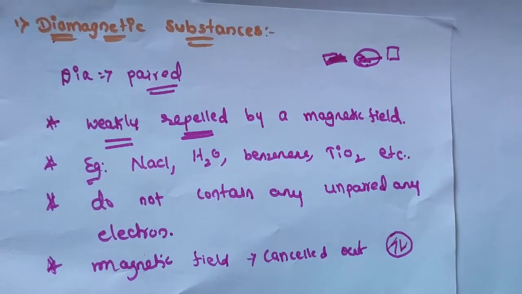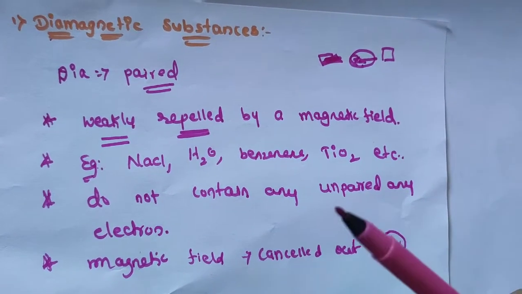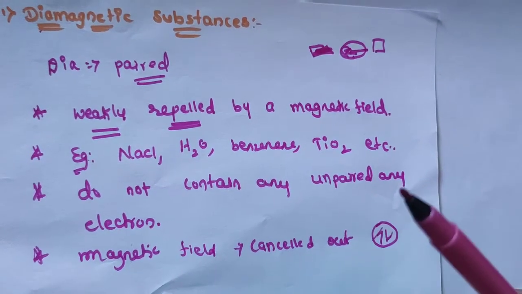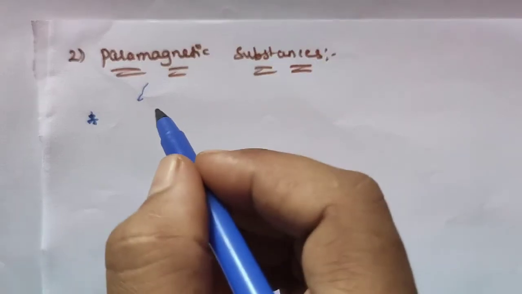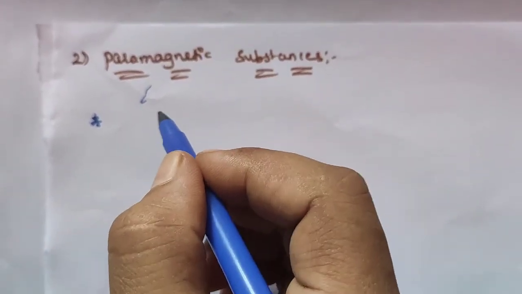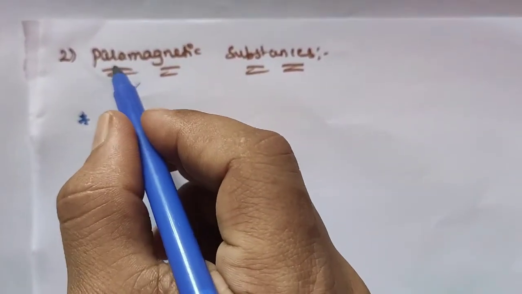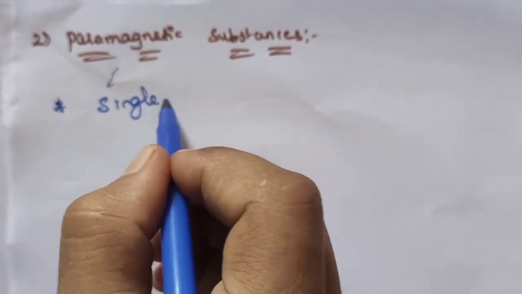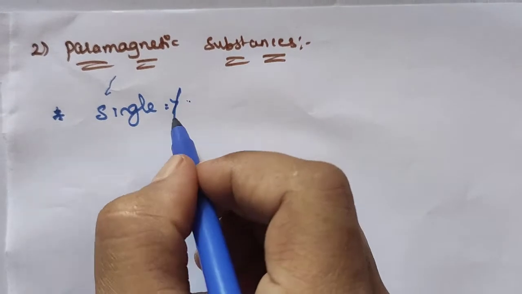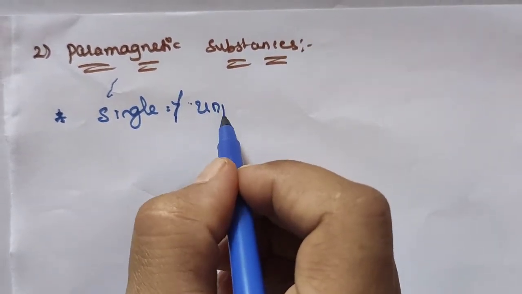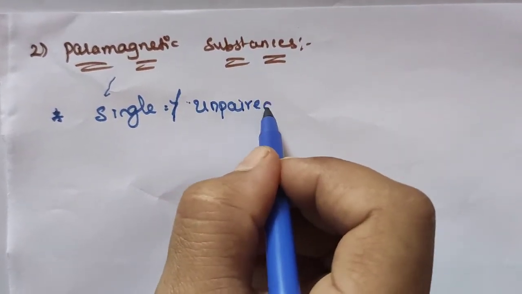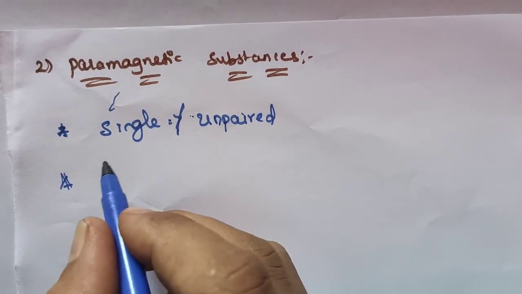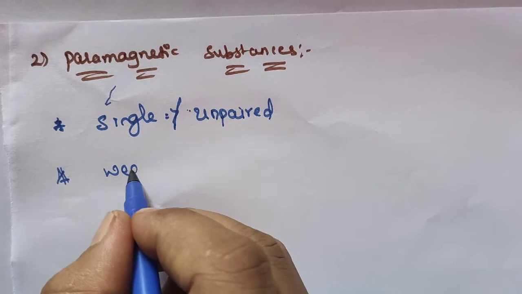Then the second one, paramagnetic substances. Let us learn about paramagnetic substances. The name itself indicates that para means single, or in the formation of unpaired. So these types of substances are weakly attracted by a magnetic field.